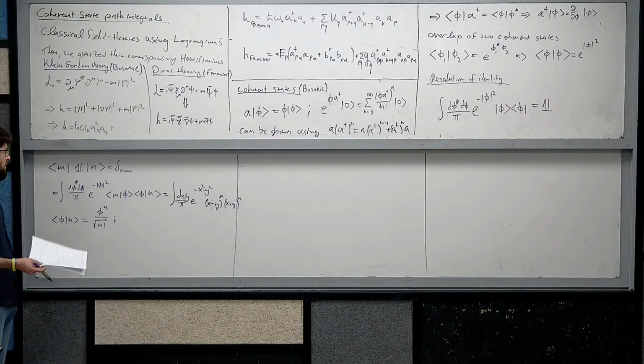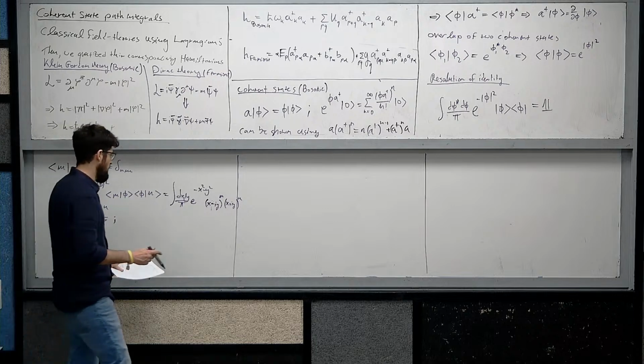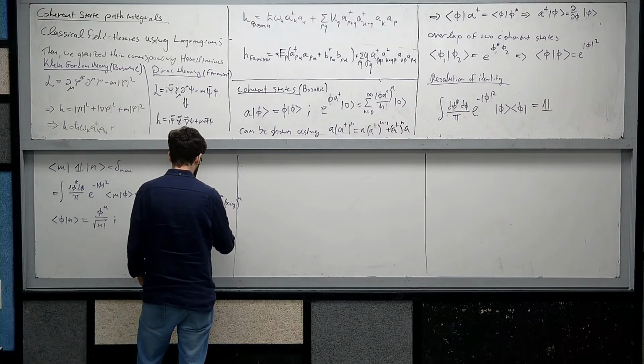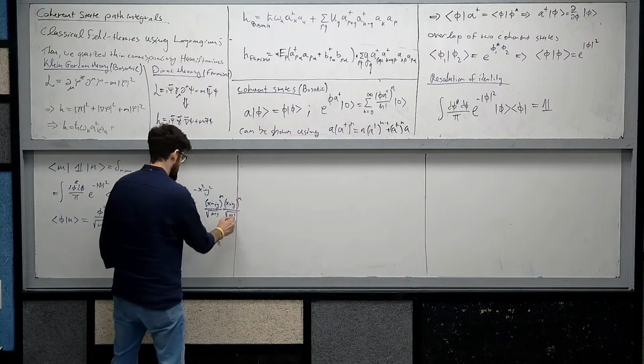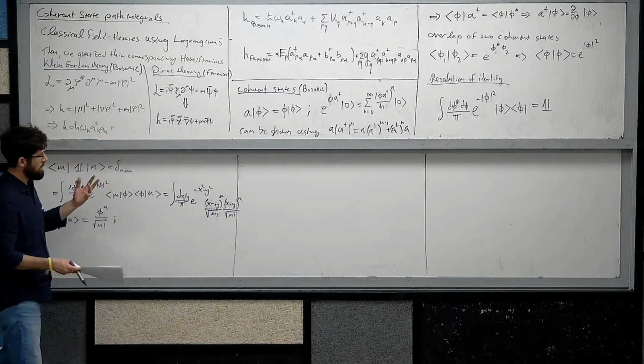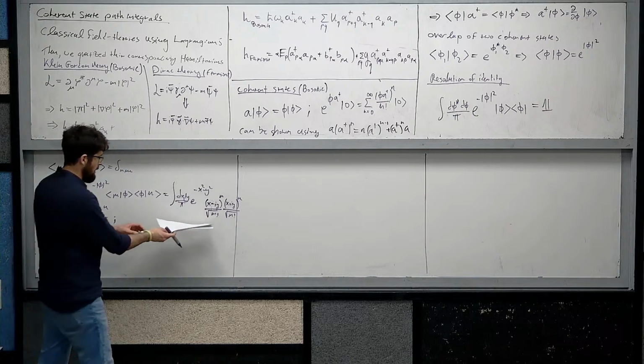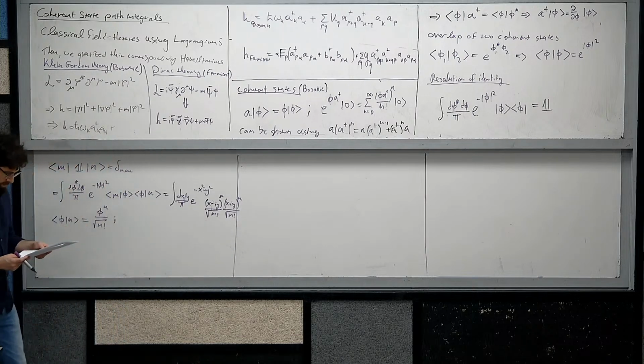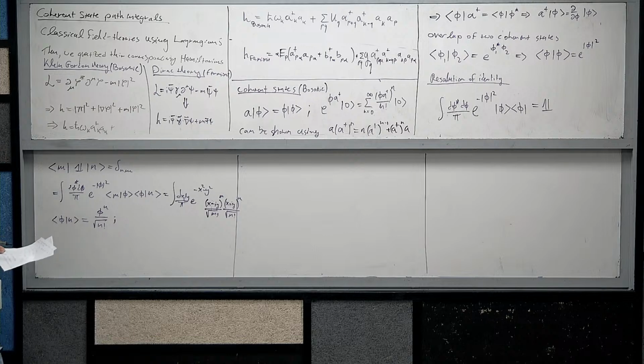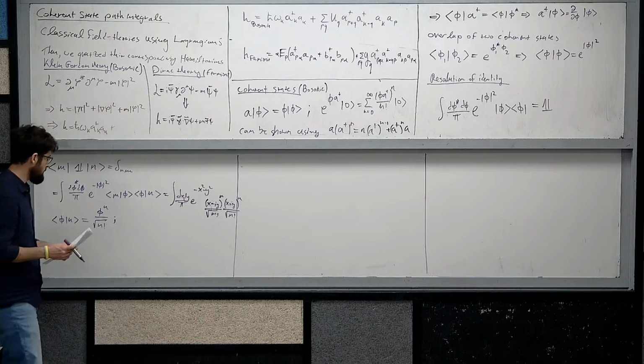Okay, and then I forgot, this is like square root of m, this is square root of n. And then you just get the nth moment of this Gaussian distribution, which is exactly n factorial, and then you get delta n m. So that gives you the resolution of identity.